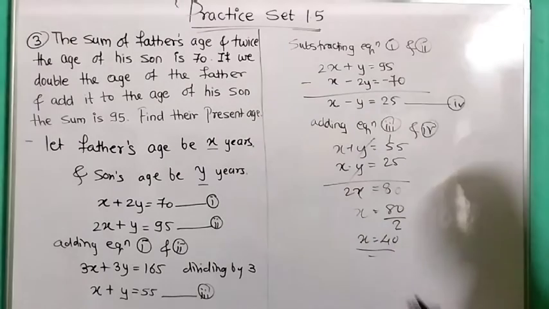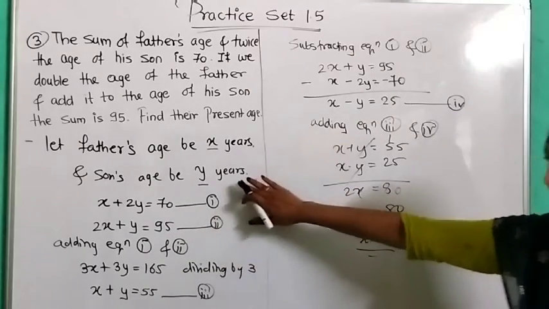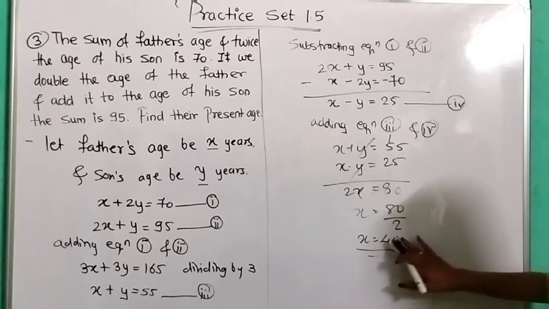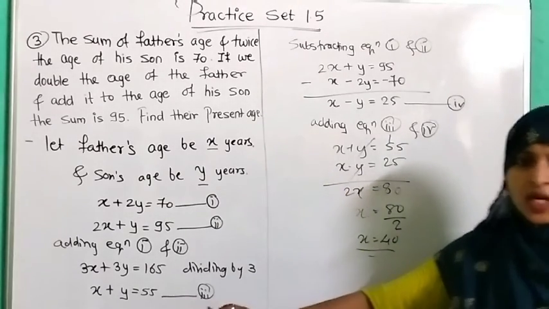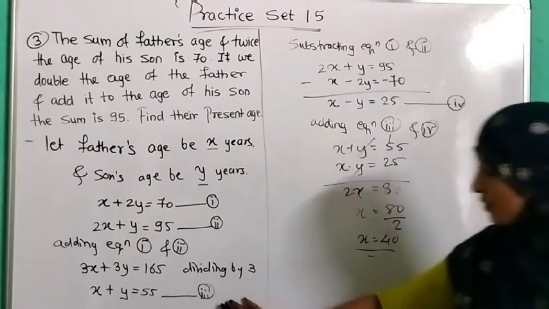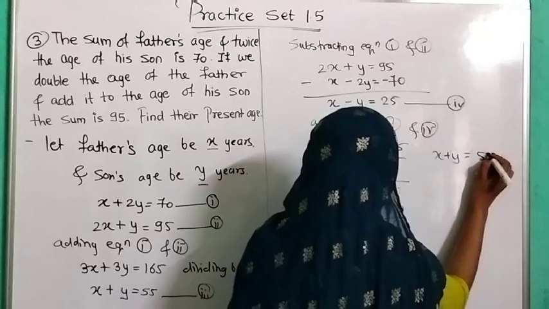Means here we get the age of father, but we require the age of son as well. So we are going to substitute x is equals to 40 in equation number 3, because equation number 3 is a simple equation. So see here, x plus y is equals to 55.